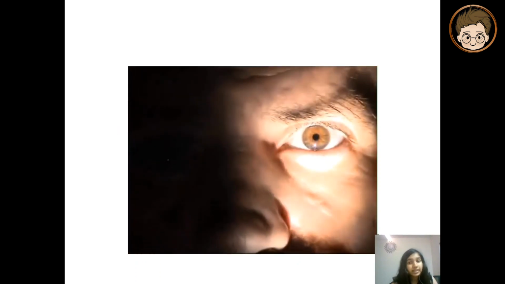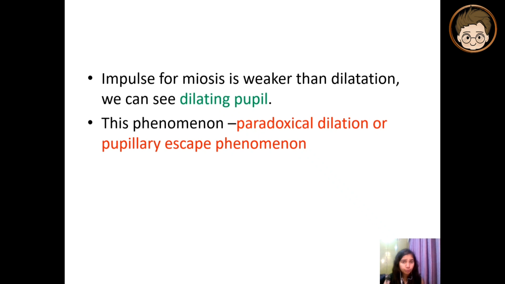Dilated, constricted. But why does the pupil dilate? This is because the impulse for miosis is weaker than the dilatation. So we see a dilating pupil. This phenomenon is referred to as paradoxical dilatation, or pupillary escape phenomenon.